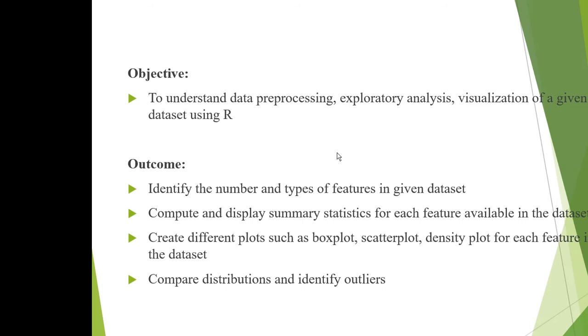Also, you will be able to compute and display summary statistics for each feature available in the data set. You will be able to create different plots, so you will be able to visualize the data using various different plots such as box plot, scatter plot, density plot for each attribute in the data set. Also, you will be able to compare the distributions using different plots and identify the outliers in the given data set.